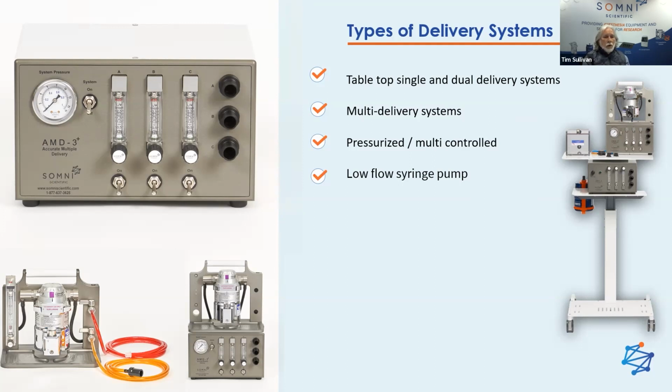And others like it have multiple outlets that are controlled by either switches or flow meters and switches. So in this unit, you can see there are three independent flow meters, so you can precisely control the flow rate of the fresh gas being delivered to each device.